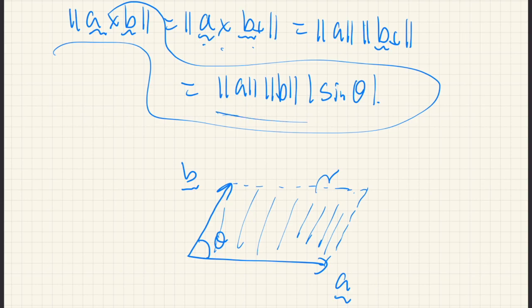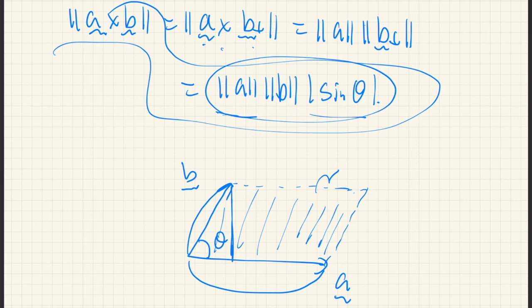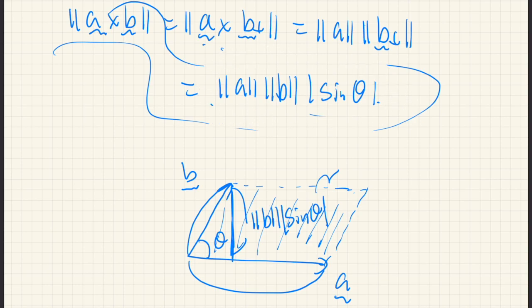It's this length times this length times sine theta. The length of B times sine theta, maybe with an absolute value, is the height of this parallelogram. Therefore, this is the area of this shape.